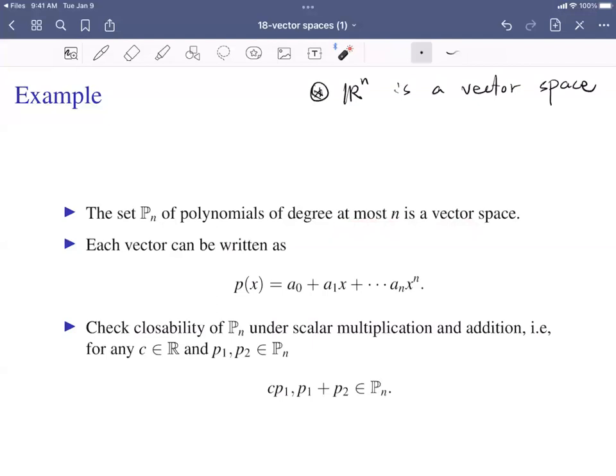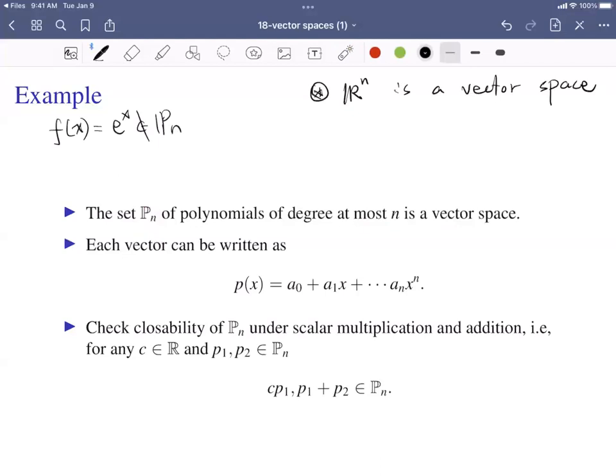Which means each element in this Pn is a function, and not something like a sine function or cosine function. So for example, f(x) equals e to the x is not a polynomial. Then this is not in Pn.